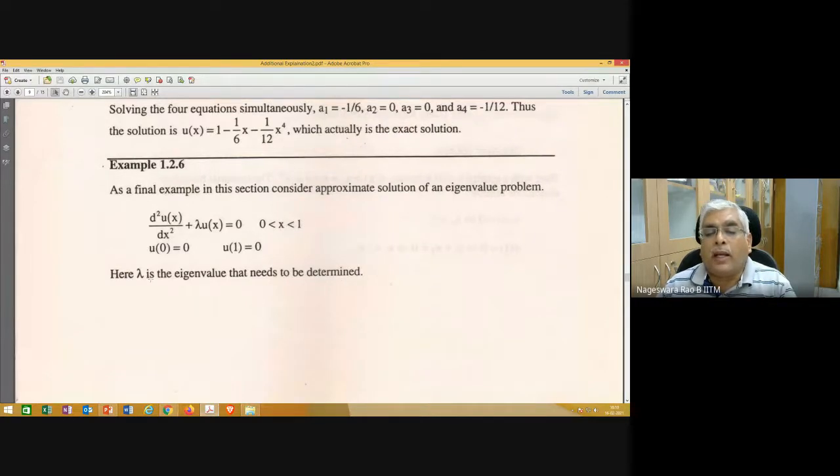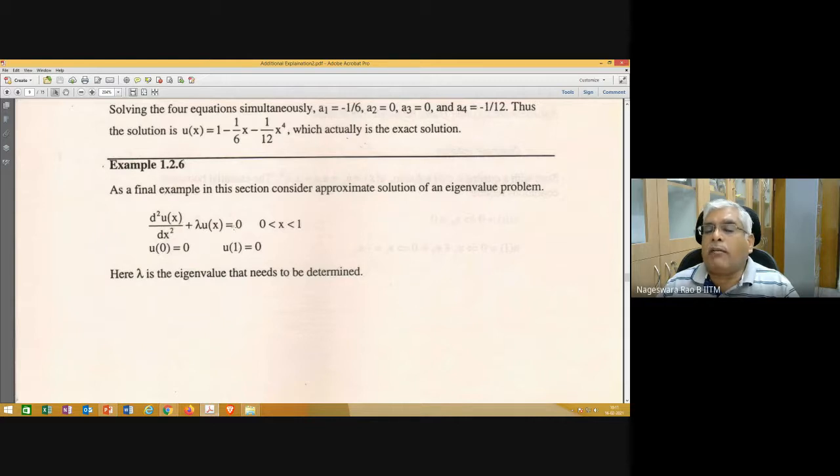Lambda is the eigenvalue that needs to be determined. So when you are applying the variational procedure that we followed in the previous example, you just don't pay much attention to this lambda. You treat it like a constant. Automatically at the end, once you get the equations, it turns out it's an eigenvalue problem. Anyway, that is all illustrated in this example.